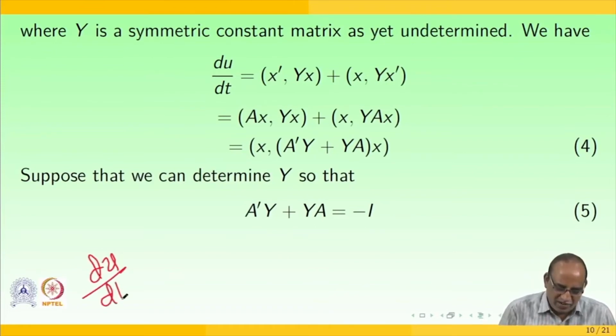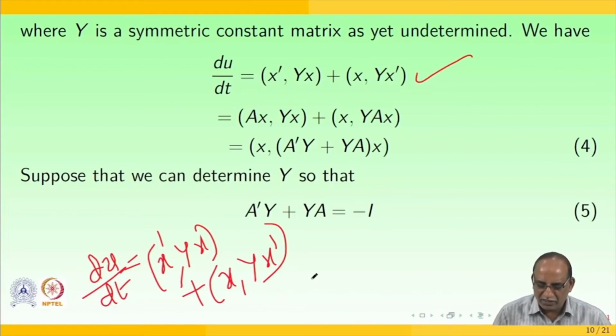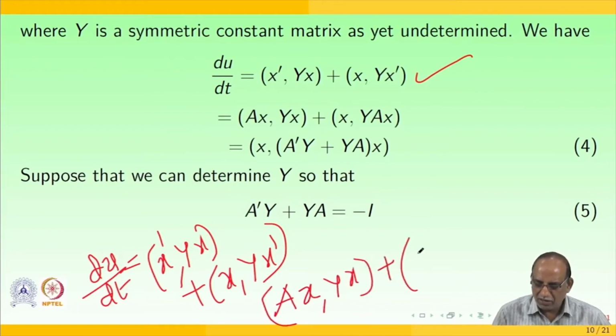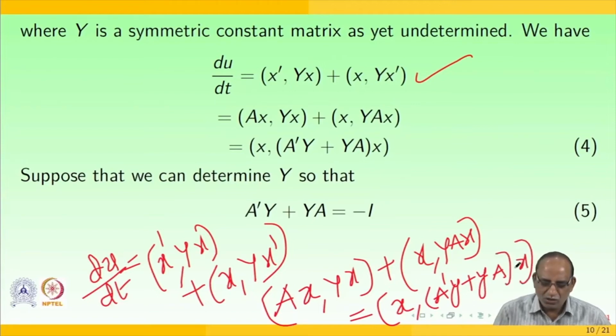That is, du/dt will be equivalent to (x', Yx) + (x, Yx'), and this can be written as (Ax, Yx) + (x, YAx). So that can be written as (x, (A'Y + YA)x).